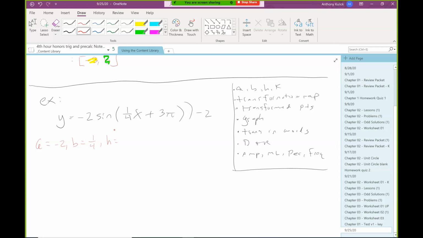It's not 3 or 3 pi or -3 or -3 pi. So remember, it has to be written like this, where the b is factored out. So if I factor a 1/4 out, what does 3 pi turn into? 12 pi.